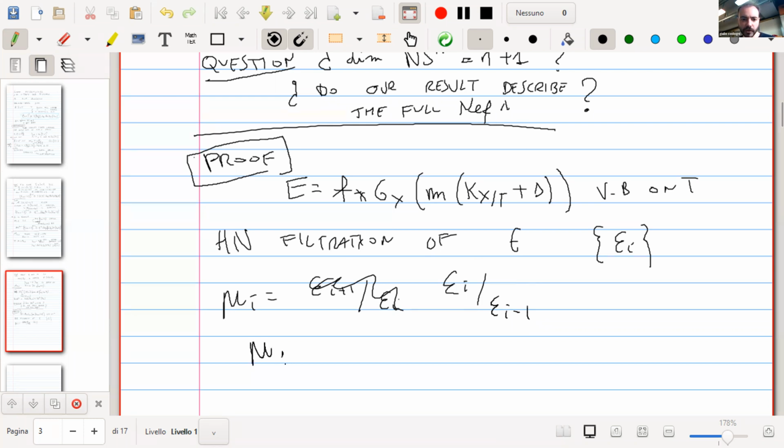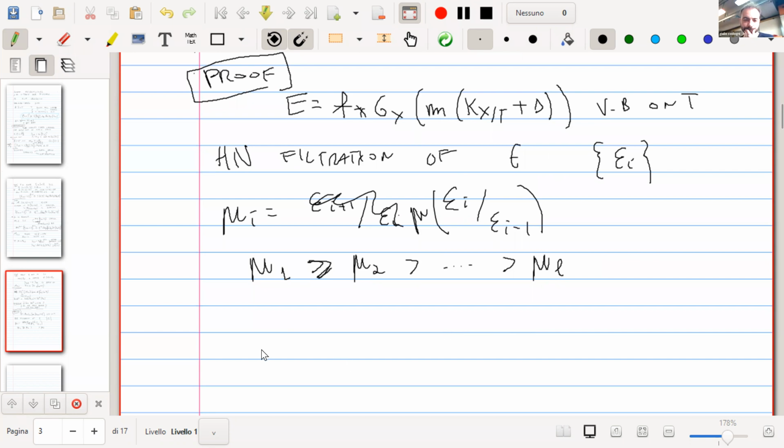So you have the first slope, which is the biggest one. Then you go strictly down to mu_2, and this goes down up to mu_L.